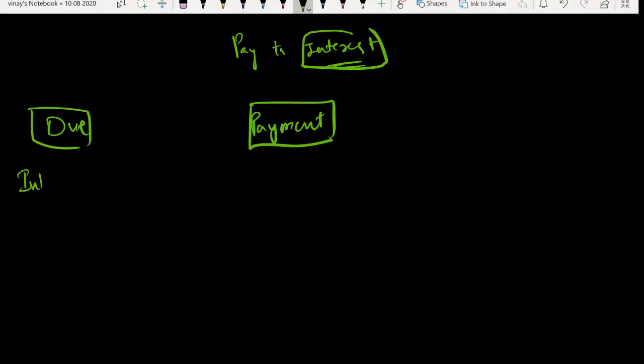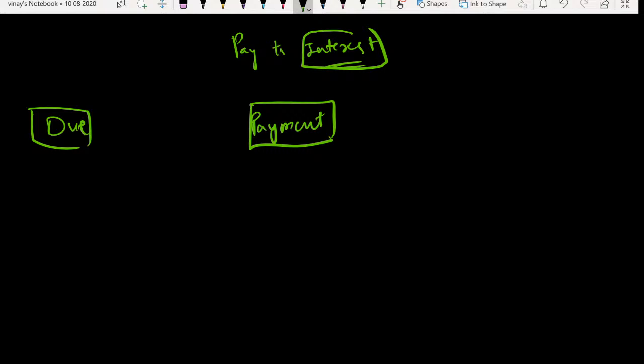So I bought a service, because of that I have to pay in the form of interest. For example, I took a loan, and because of that I have to pay interest. Whatever benefit I've received, I have to pay in the form of interest. So I'm gaining the services in the form of interest.